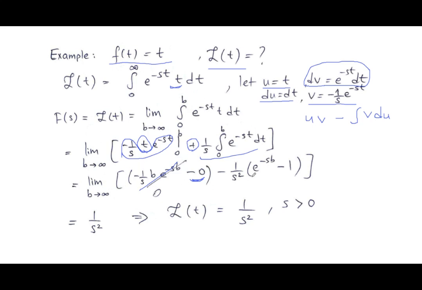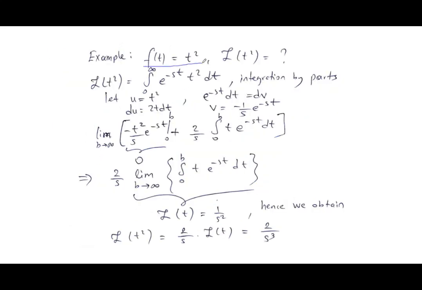The second expression, take the integral here, and then evaluate e to the power minus sb. And as b goes to infinity, this expression will go to 0. Minus times minus, we will be left with 1 over s squared. So the Laplace transform of f of t equals t is given as 1 over s squared.